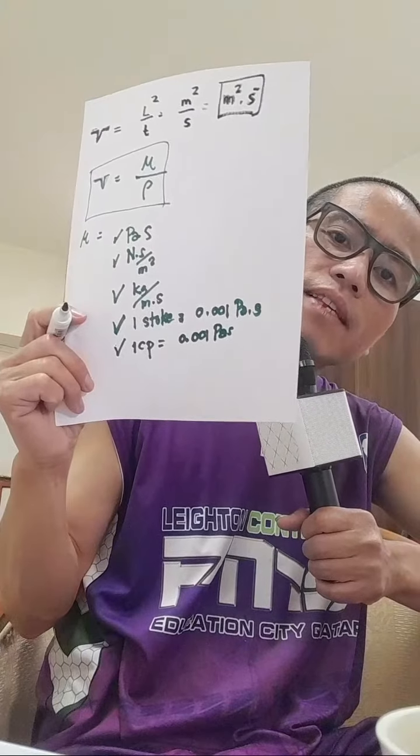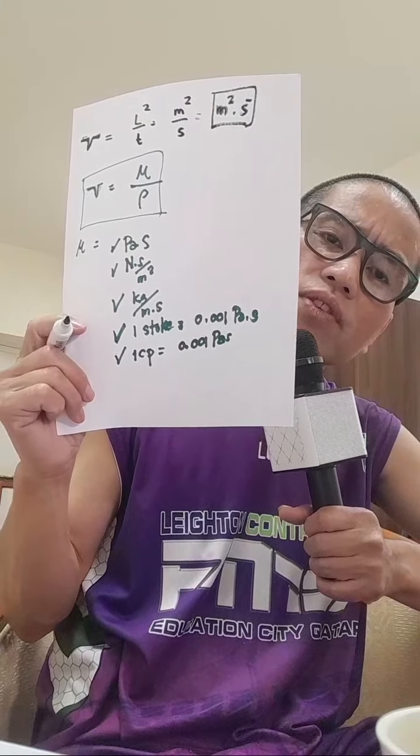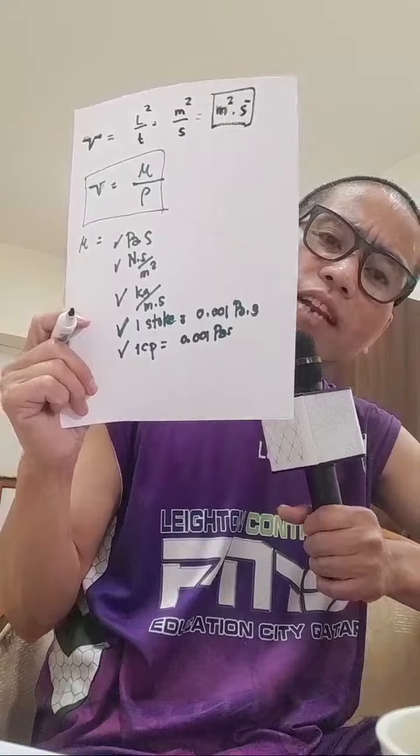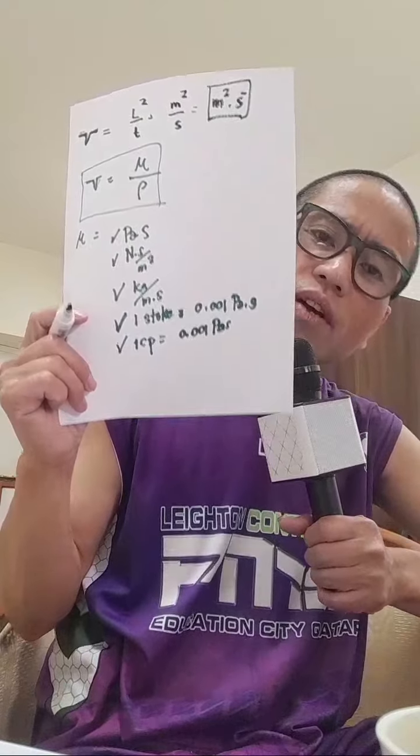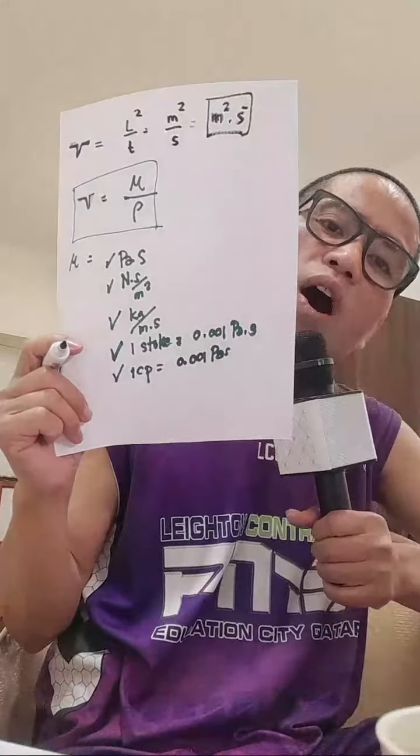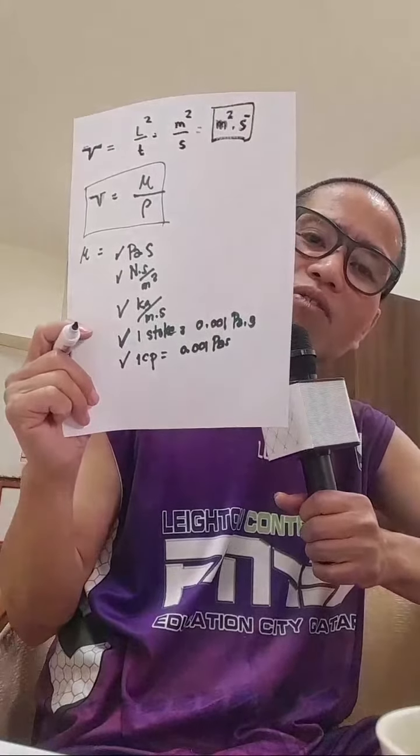Poise is spelled P-O-I-S-E, the unit of viscosity. Centipoise means 10 to the negative 2 poise. That's why I pronounce it as centipoise. And one poise is equal to 0.01 Pascal second.